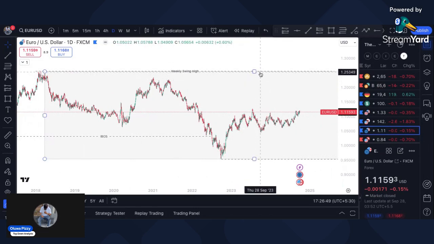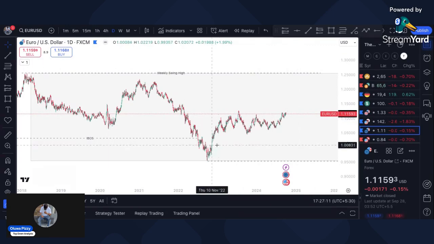Once this previous high, that is the weekly high, has been broken, that means the 1 minute, the 5 minutes, the 15 minutes, the 1 hour, and the 4 hours have aligned with the weekly, and the weekly has aligned with the monthly. What we are seeing right now is an uptrend on the daily time frame. Hope you guys are following.